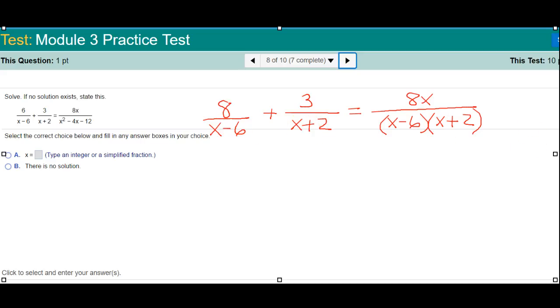So what I need to do here is to multiply each term by the lowest common denominator. And another way we sometimes do this is put a big bracket like out there, and then we're going to put our items that we're going to multiply each term by out here.